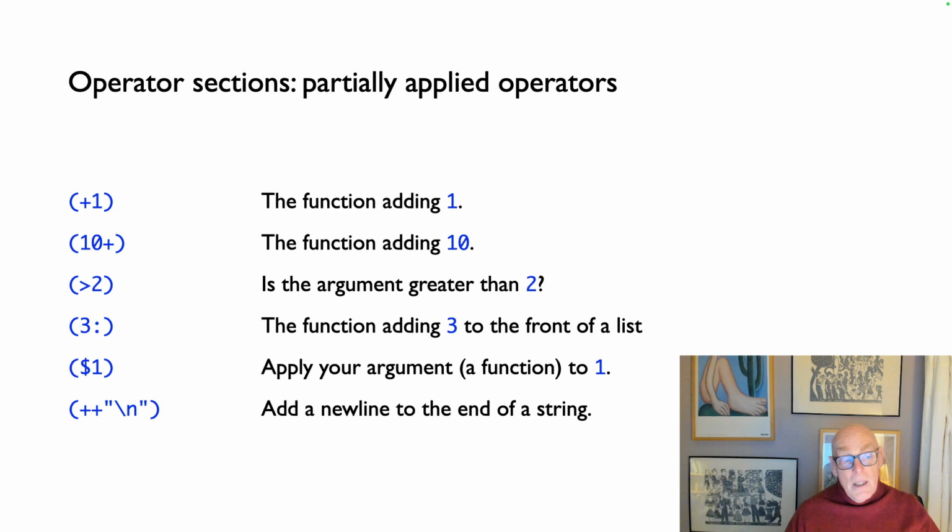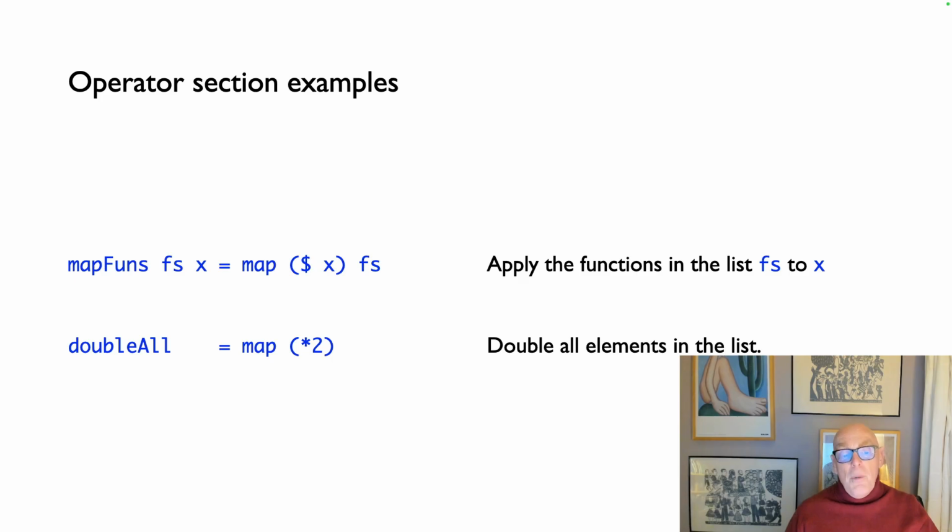So we get those, and this is something we use all the time without really thinking about it. So if we want to double all the integers in a list, we can say map (*2), or indeed (2*). (2*) is a function to double a single value, and we map that along a list.